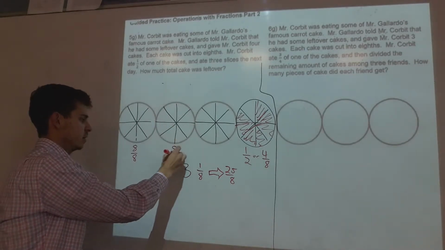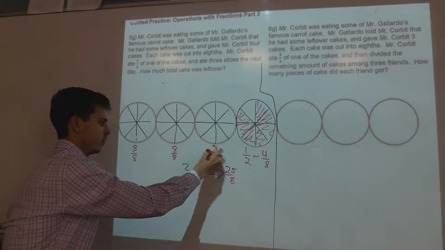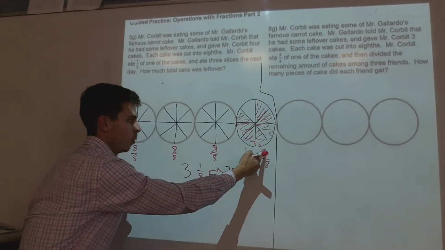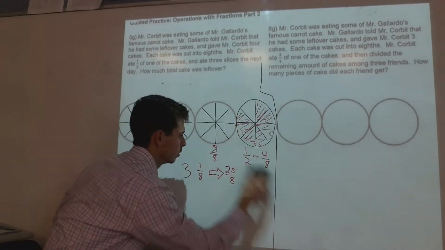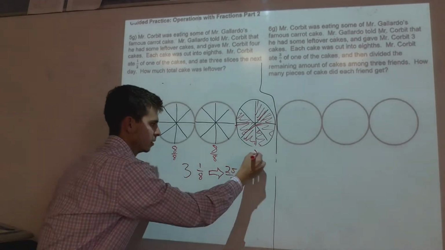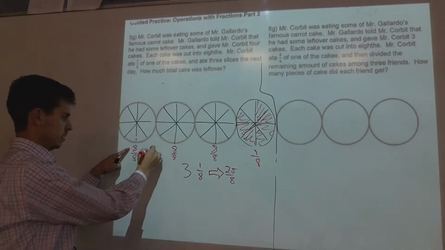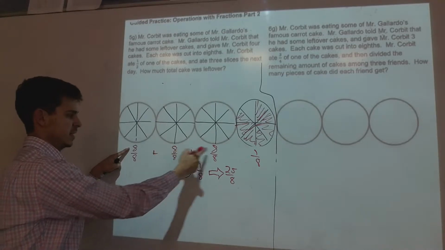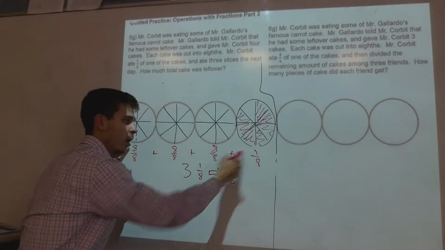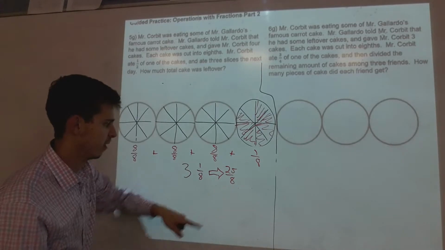Here's 8/8. Here there's 8/8, and here there's just 1/8. So we've got 8 plus 8 is 16, plus another 8 is 24, plus 1 is 25.